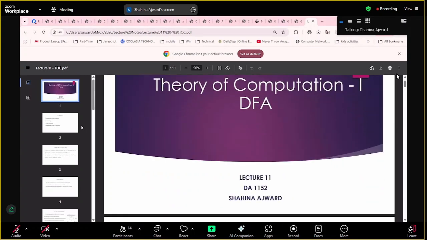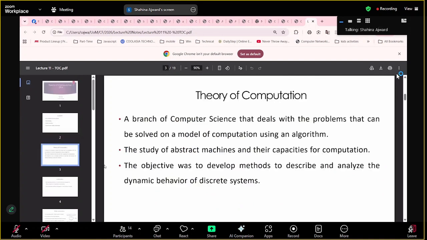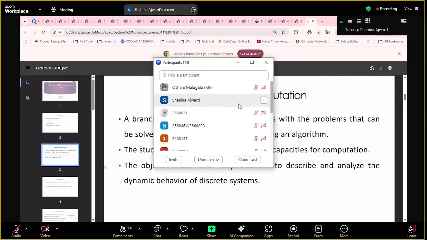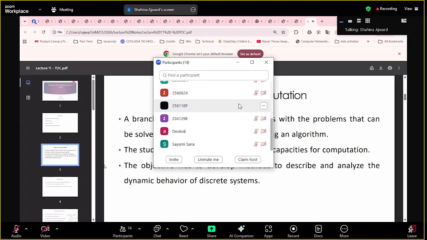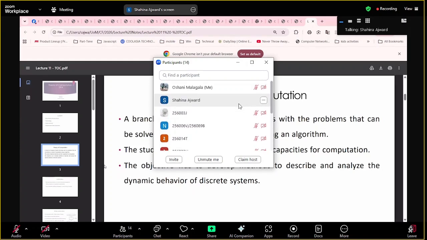So in the previous session, we discussed this theory of computation, right? We know that with computers we use discrete systems.